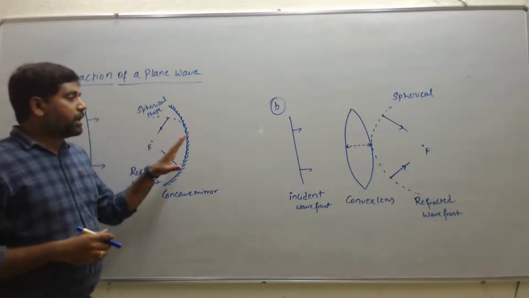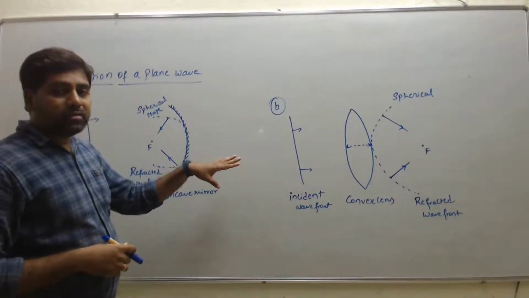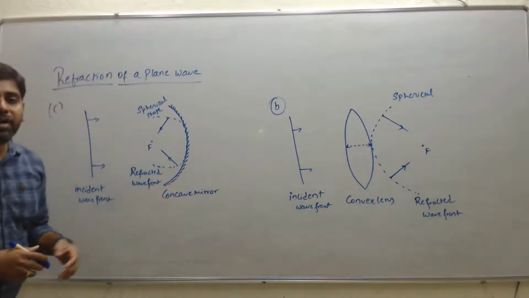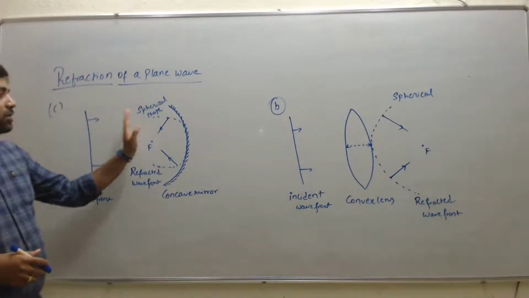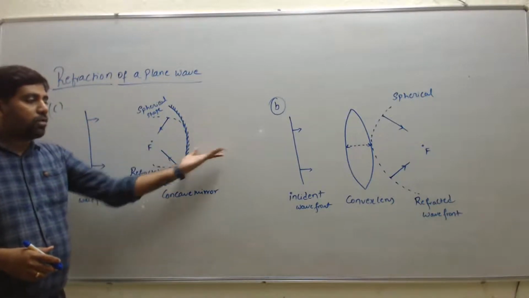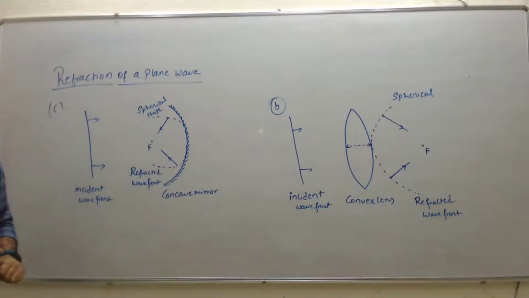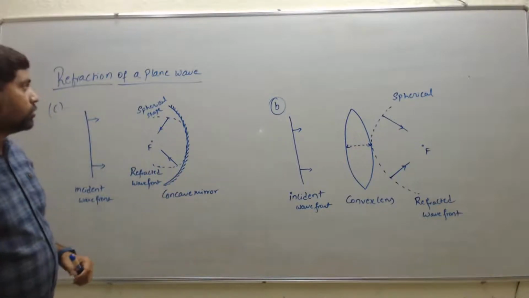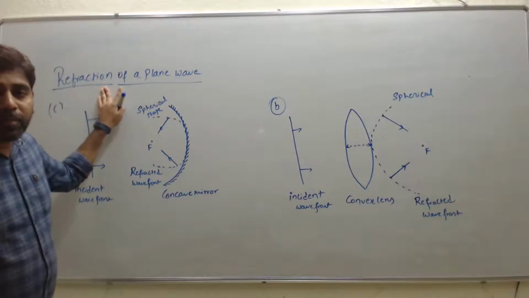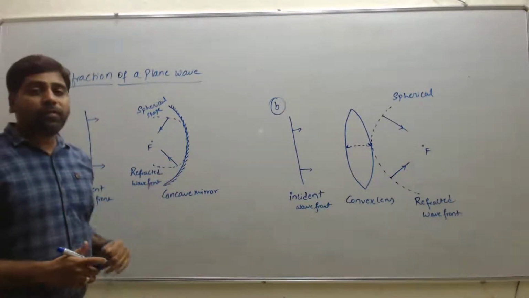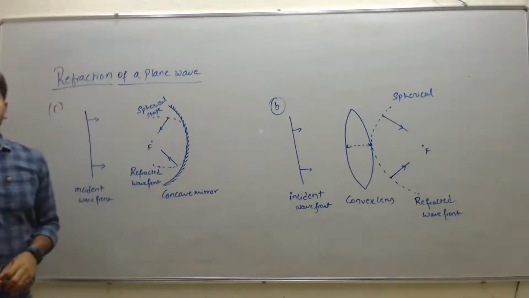Similarly we can find for the concave lens and also for the convex mirror. But in our syllabus they mentioned the thin prism, convex lens and also concave mirror. So this is about the refraction of a plane wave and also the reflection of a plane wave by using the Huygens principle.